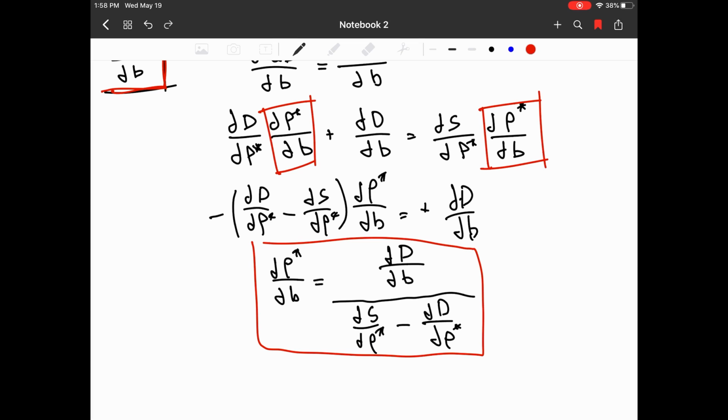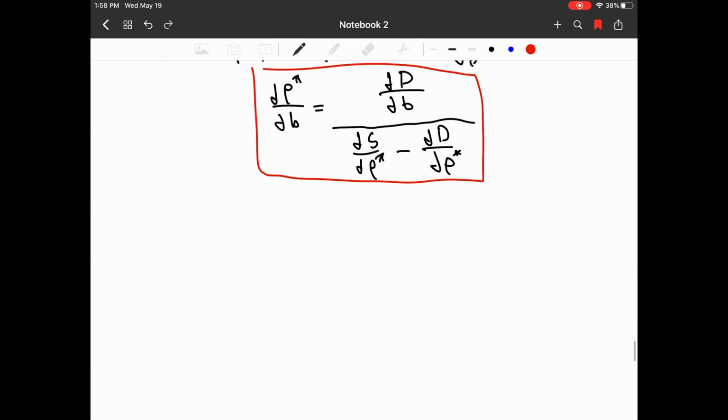So great. So we have this derivative, but what is it really telling us? So this is similar to asking the question, what sign is this derivative? Is price going up or going down when we change b?